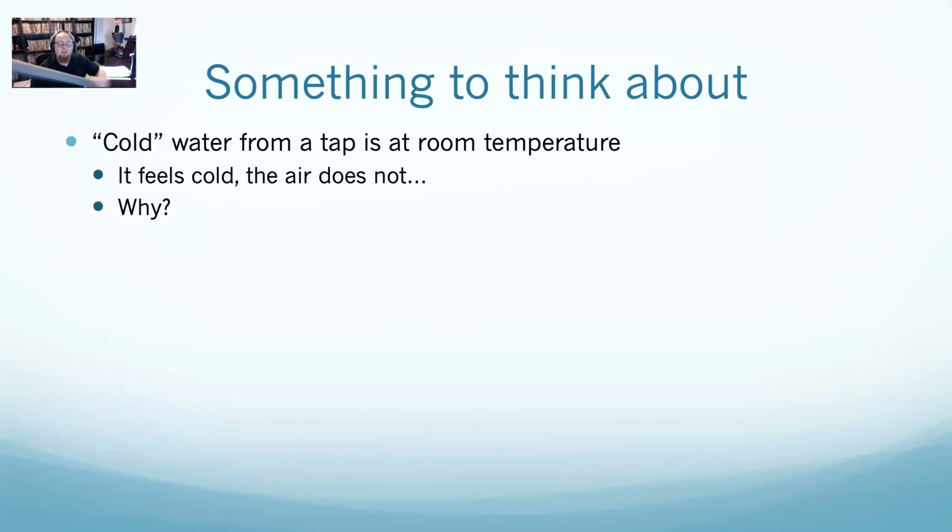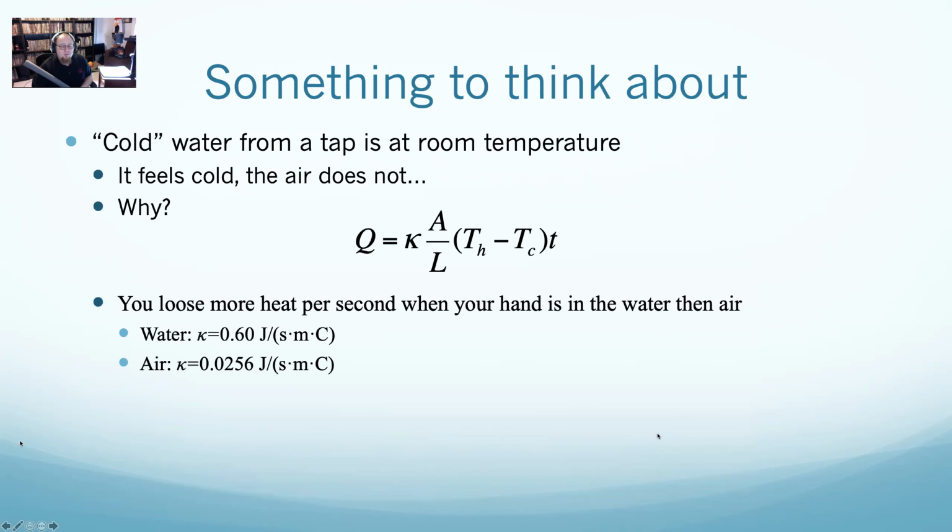Okay, let's say you put your hand in some cold water. The cold water tap in your sink feels really cold. It's actually not any different temperature than the air, though. If you have water coming out of the sink, it feels colder than the air, but it's actually at room temperature. Water coming out of the sink will feel colder because water has a higher value of kappa.